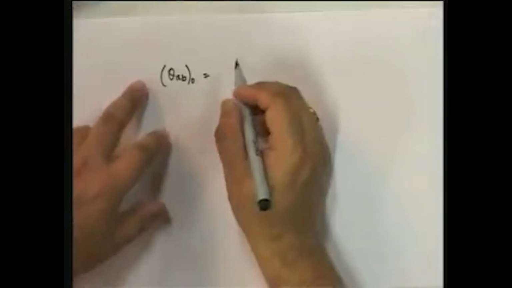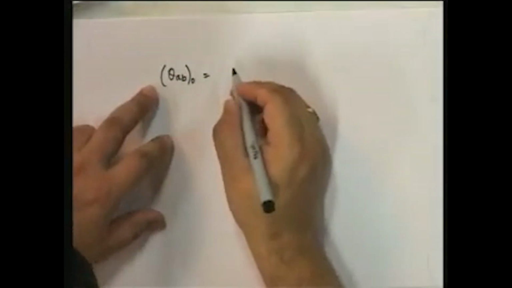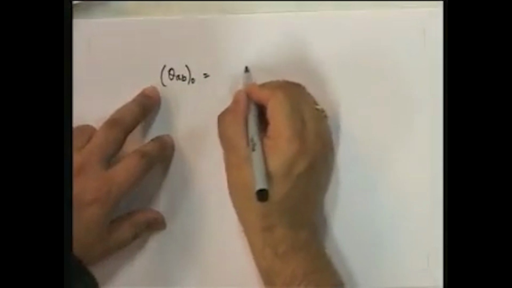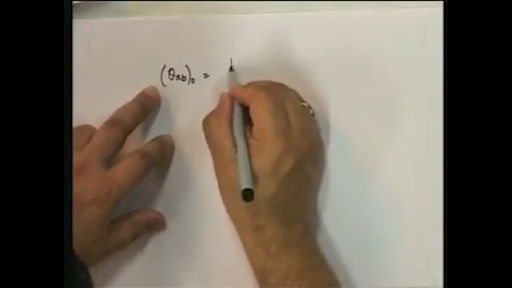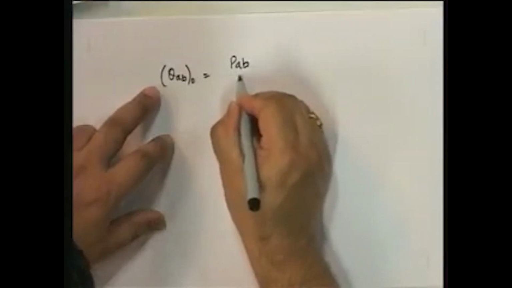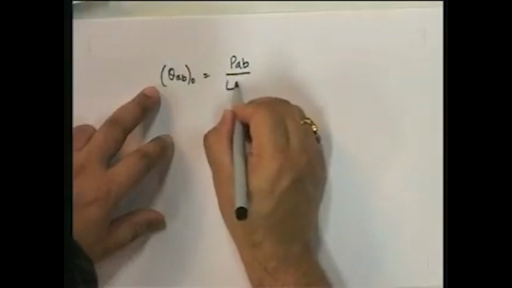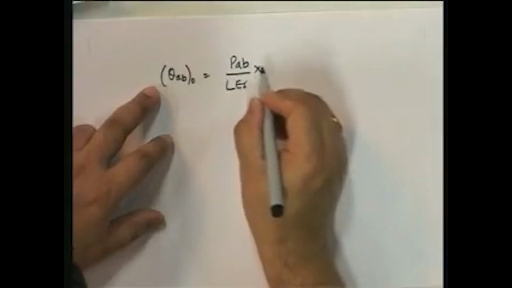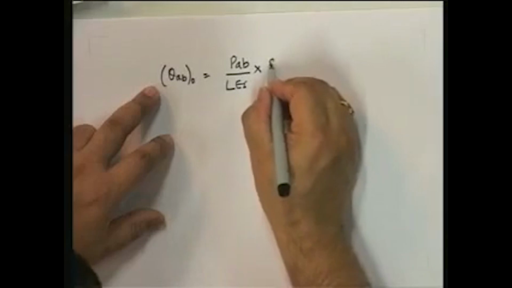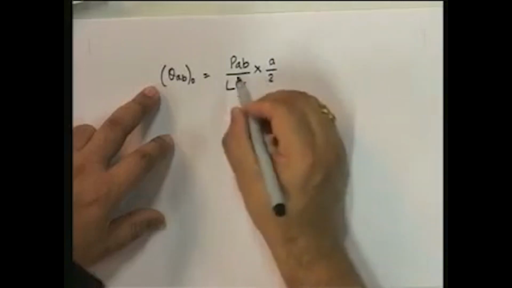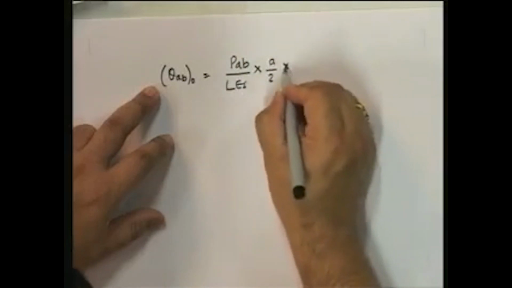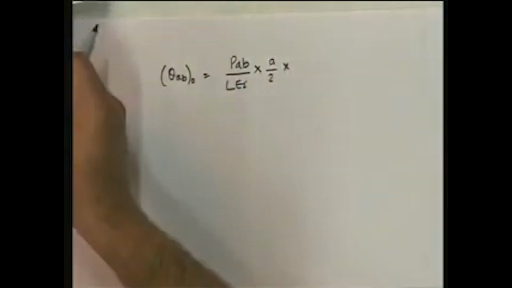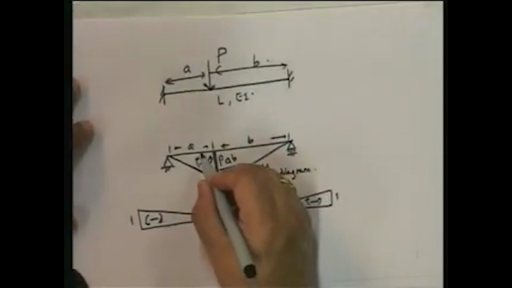So theta AB 0 is equal to, the area under the left hand curve is going to be equal to PAB upon LEI multiplied by A by 2. This is the area under this curve multiplied by the ordinate at its centroid.